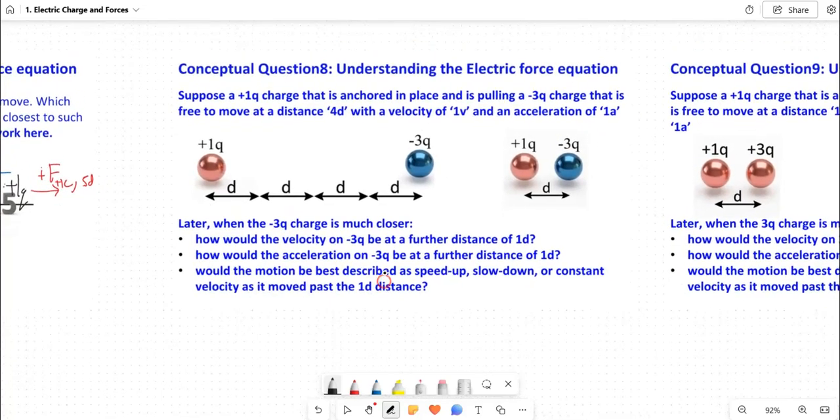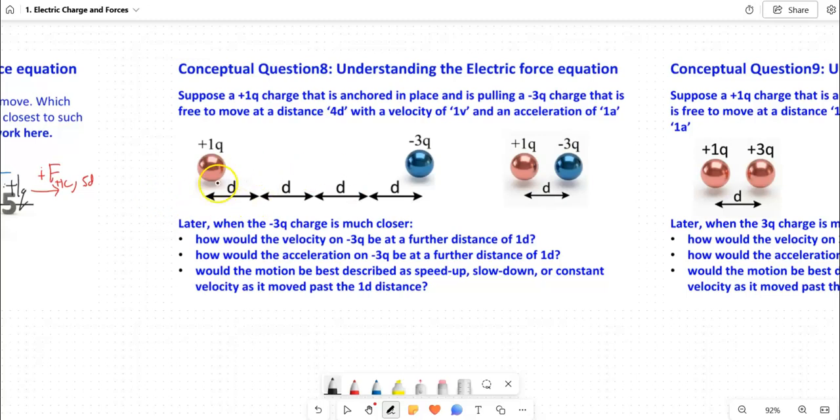Now, even though these charges are pushing on each other, they also do have a velocity and acceleration. Okay, so let's talk about this. Suppose you held a positive 1q and negative 3q really far apart, and then you let them go.